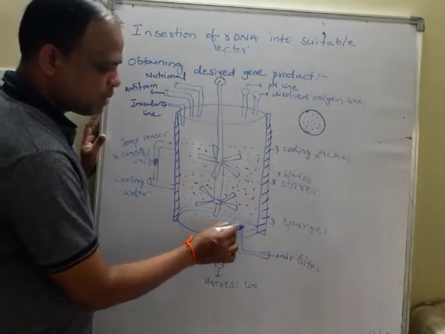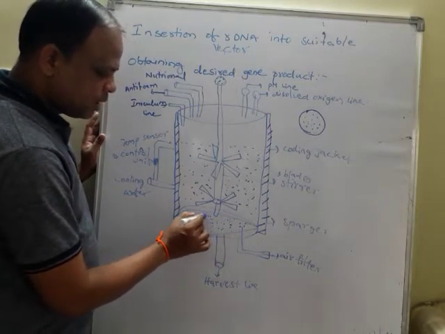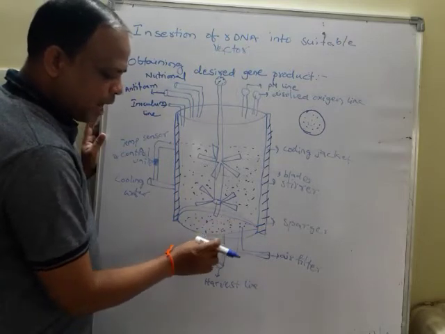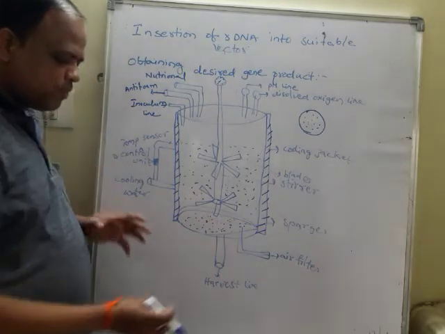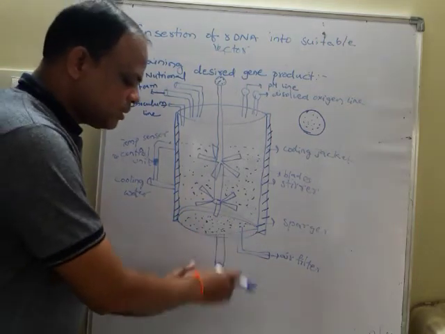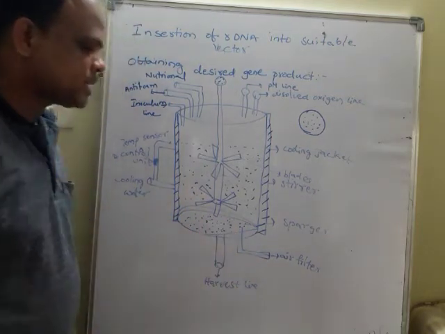This is a porous, plate-like structure called a sparger. When the products are harvested, they are collected in the below part, which is the harvest line.